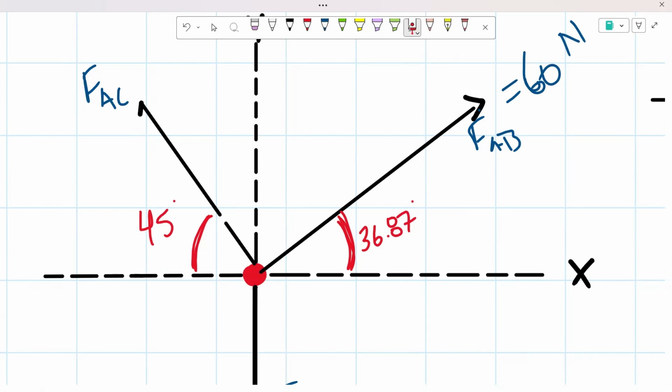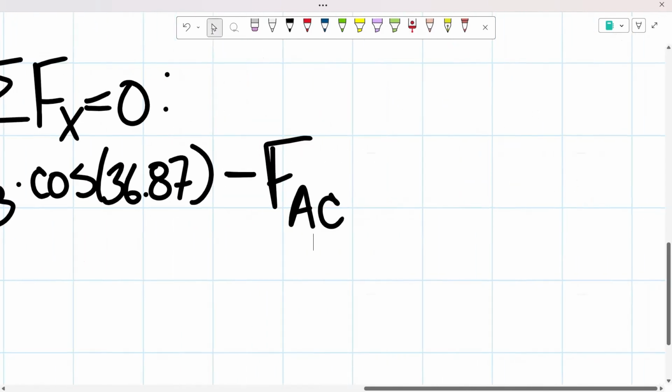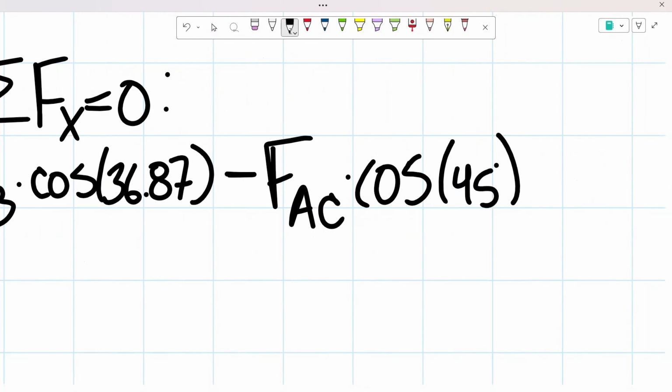So we're trying to find the force of the adjacent side with correspondence to this angle and the hypotenuse side with correspondence to this angle. So once again, we could use cosine to solve for that. So times cosine of the 45 degrees.